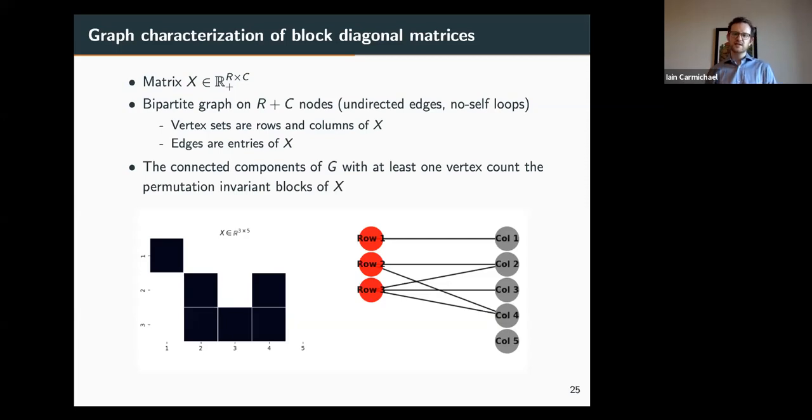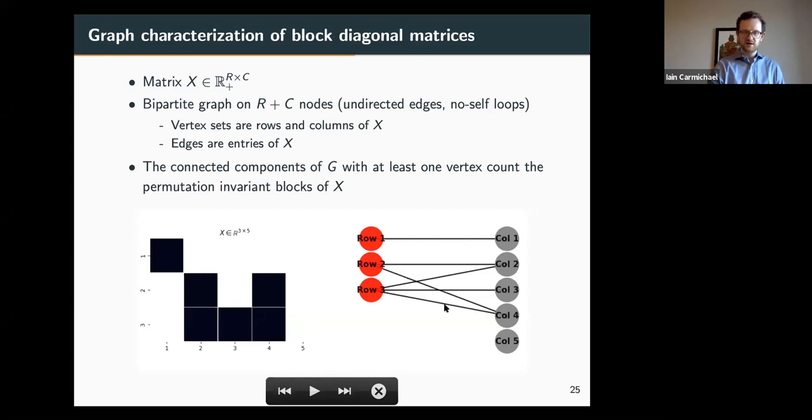So this graph is nice because the connected components of this graph with at least 2 vertices, I'm sorry, that should say at least 2 vertices, count the number of blocks in this matrix. So this top left block over here is, of course, this connected component.